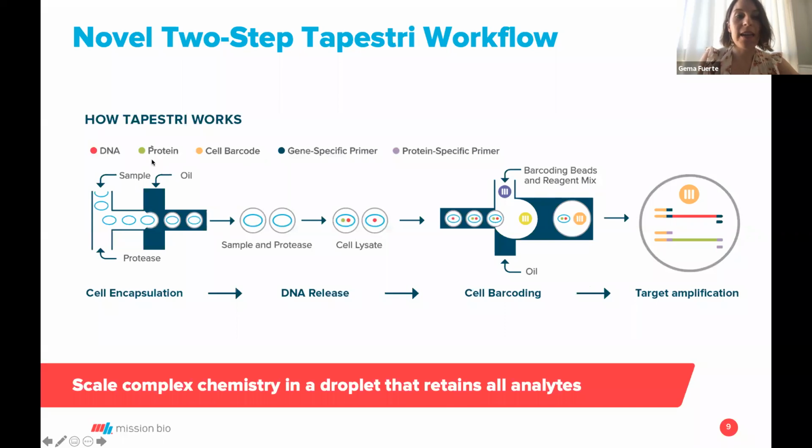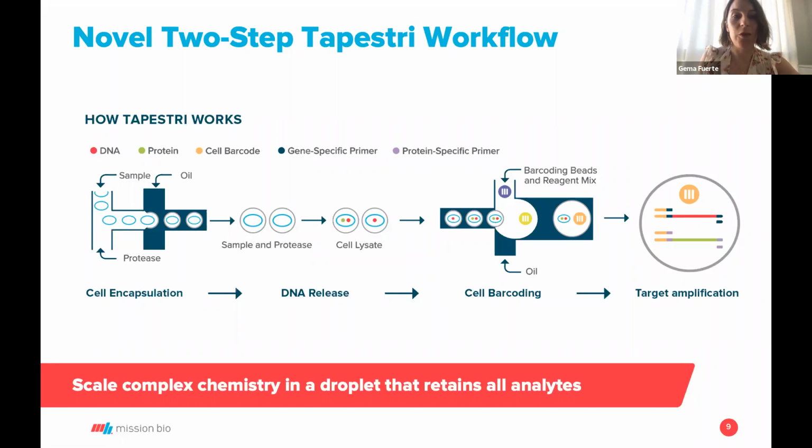So for the DNA plus protein, and I will come back when I show you multi-omics data, we need to stain your cell suspension before you proceed to the encapsulation with something called antibody oligo conjugates. The antibodies are conjugated to an oligo tag, which is DNA.